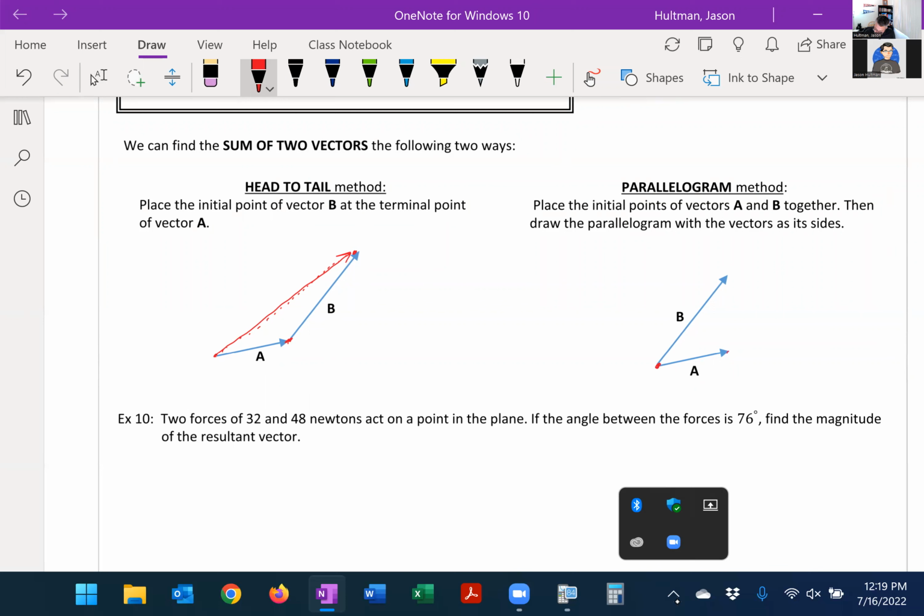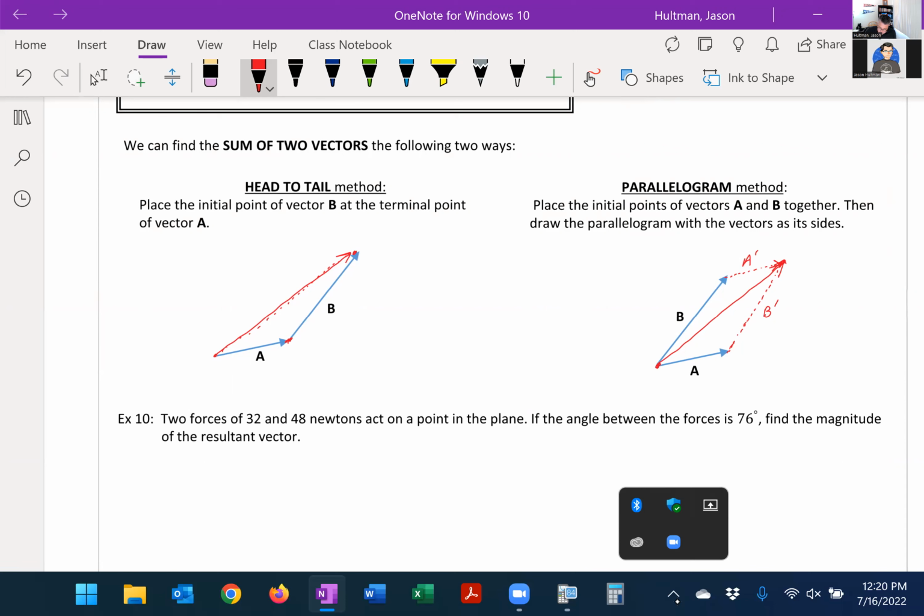And we draw a parallelogram where one side is parallel to vector B, and the other is parallel to vector A, and where those two meet, from the initial points of A and B, we get the sum as well. So it's the diagonal of the parallelogram that we just created. We could call this A prime, if we want.